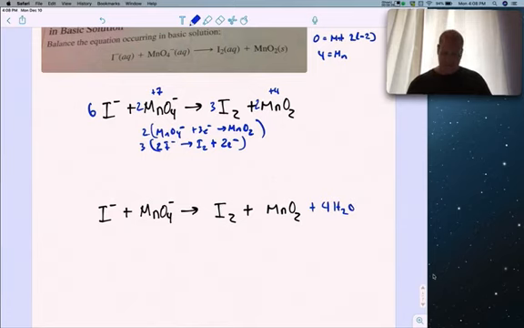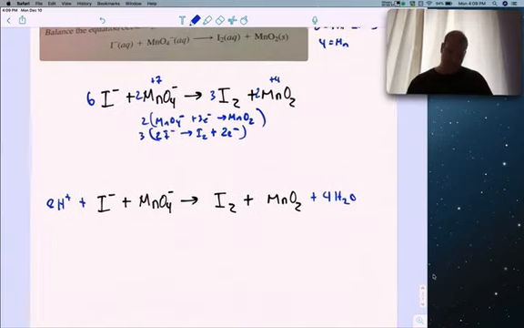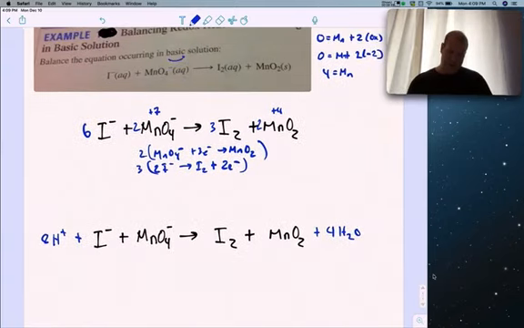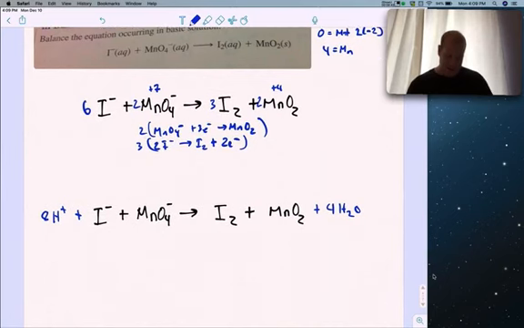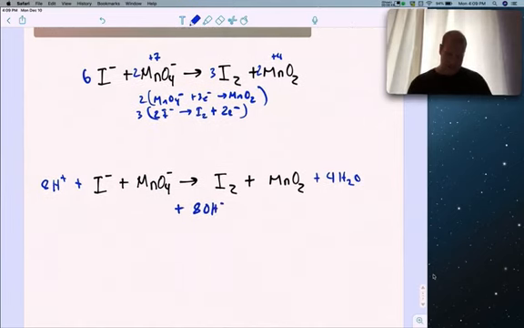And if we have 8 hydrogens, we need 8 hydrogens here. Now the thing is, this is a basic solution. So what we need to do now is add 8 OH minuses here.